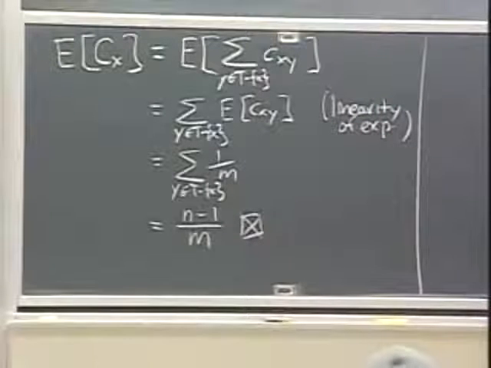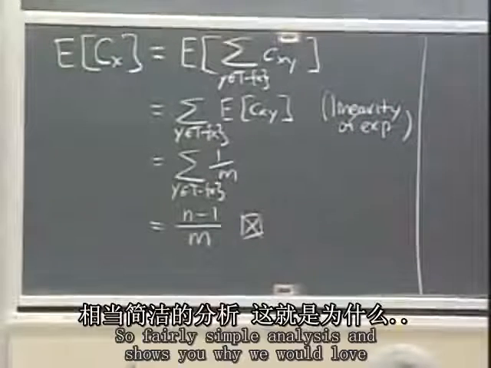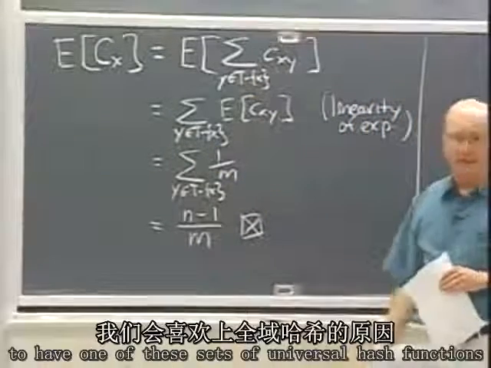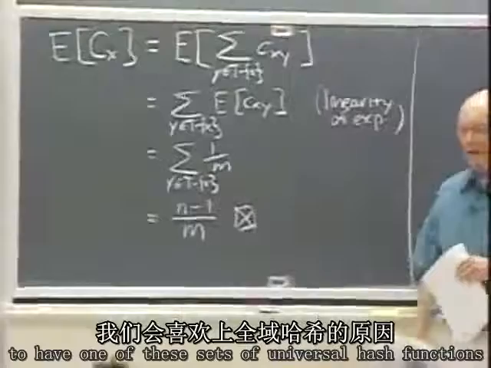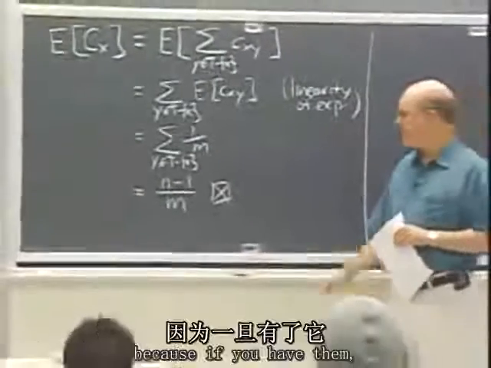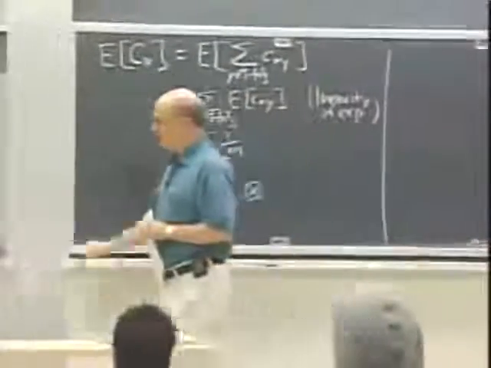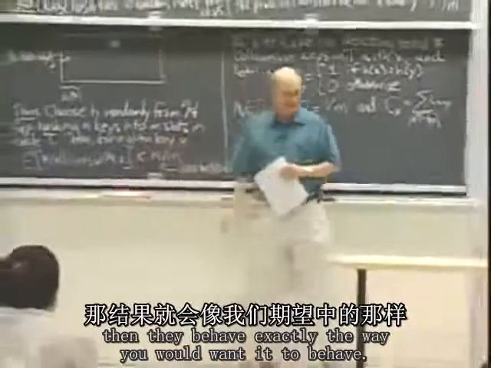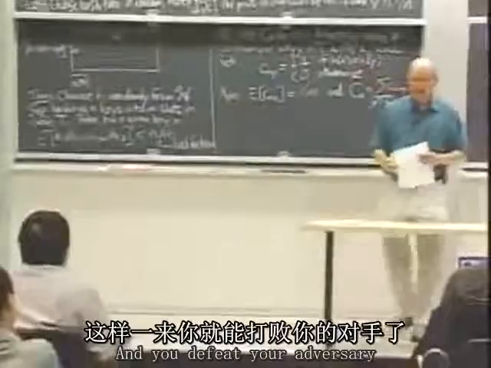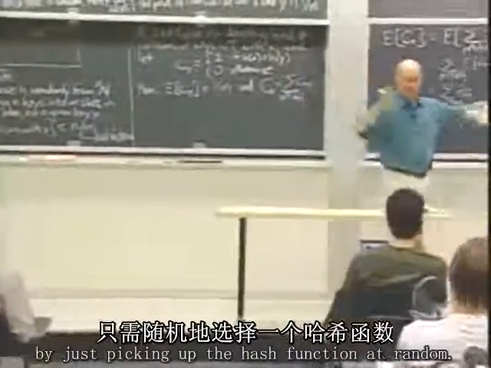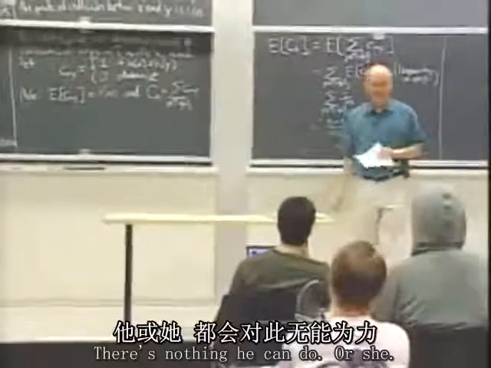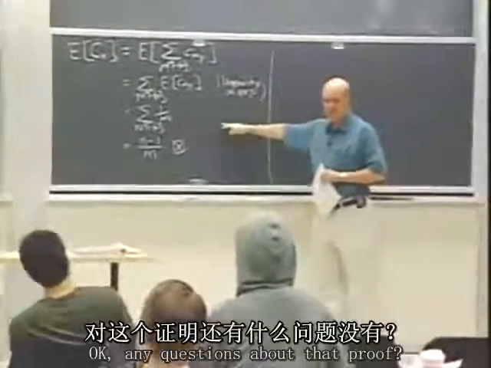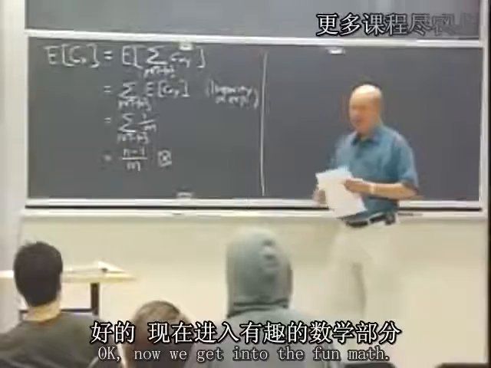So, fairly simple analysis, and it shows you why we would love to have one of these sets of universal hash functions. Because if you have them, then they behave exactly the way you would want them to behave. And you defeat your adversary by just picking a hash function at random. There's nothing he can do, or she. Any questions about that proof?